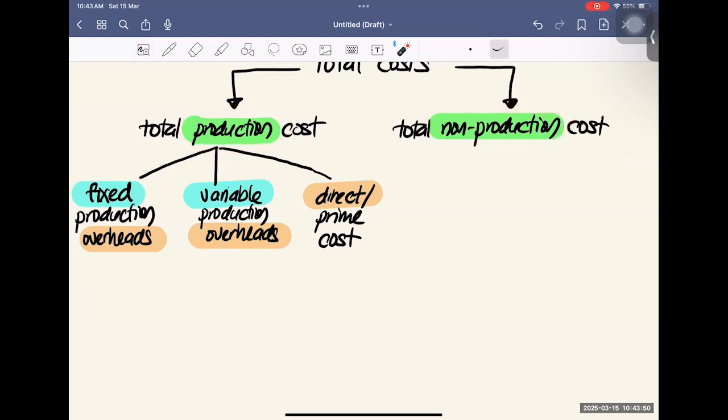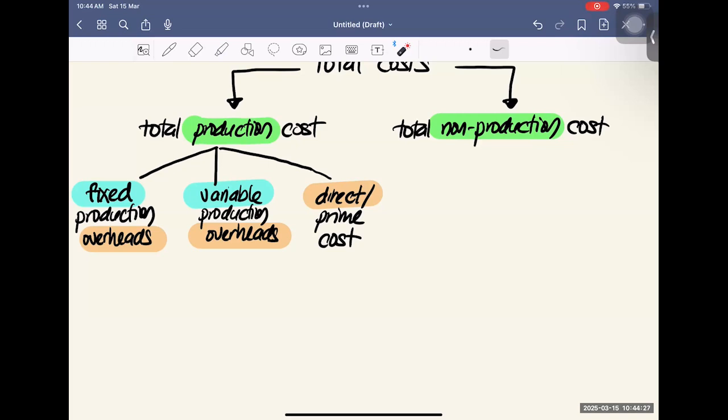It has nothing to do with production, like your office, canteen, rental of the office building, your accounts manager salary. All these people have nothing to do with production. We call it non-production.